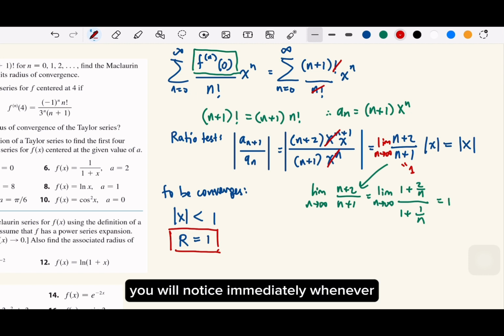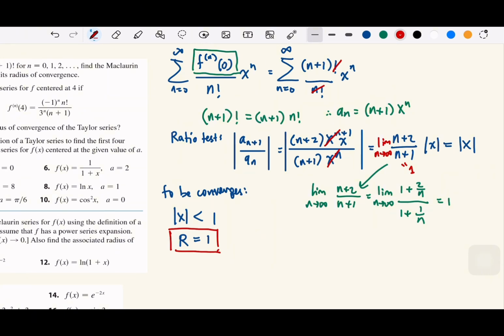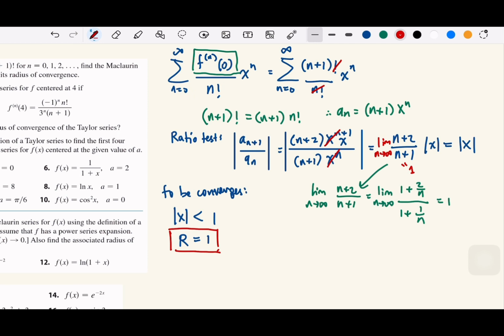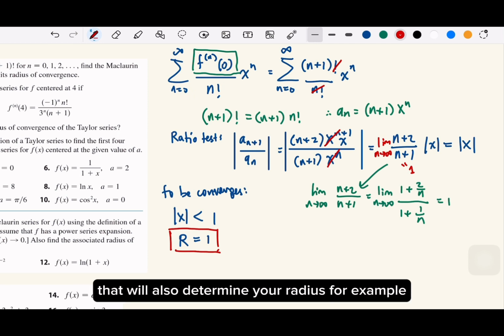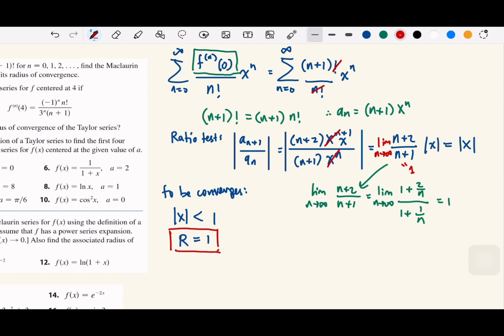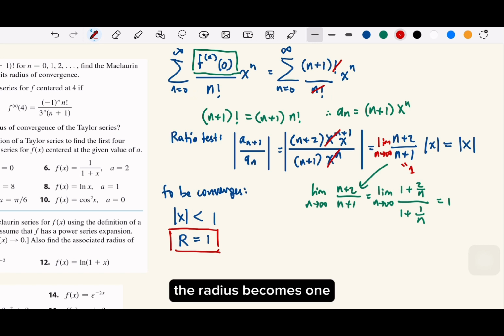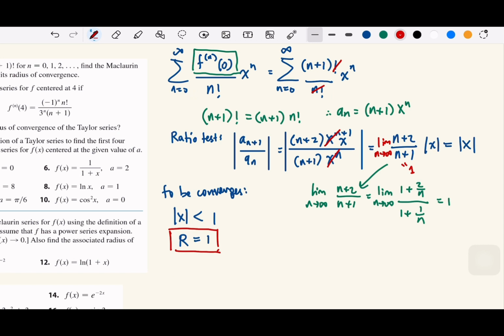You will notice immediately, whenever you have an expression multiplying your x, that will also determine your radius. For example, if the result is 3x, your radius becomes 1/3. And it doesn't need to be x. It can be x minus 3, x minus 4, and you can multiply that with 2, for example. The radius becomes 1/2.